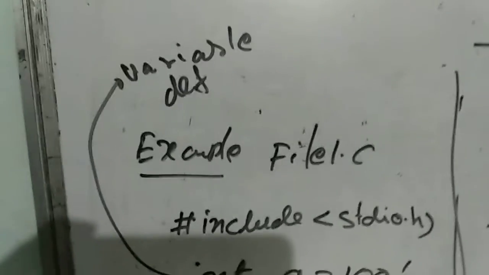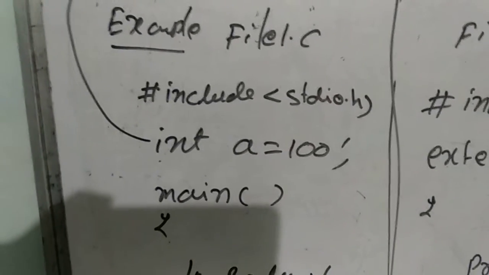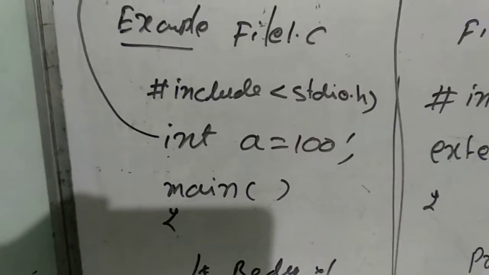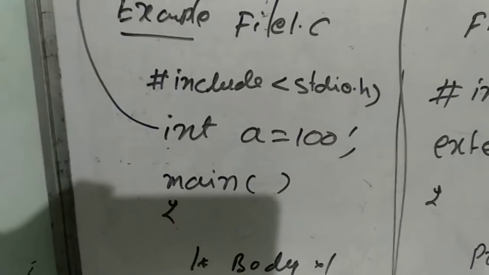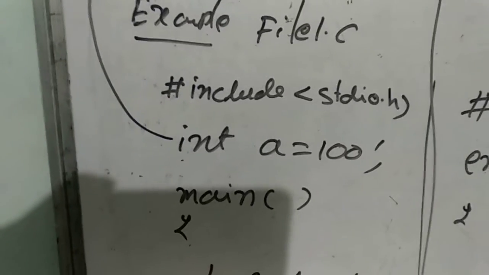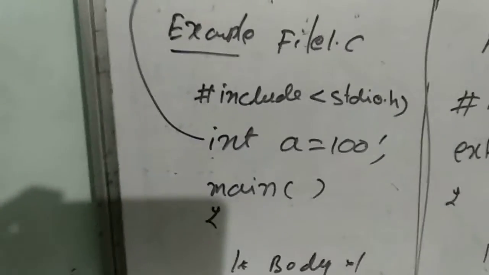For example, I have file1.c and file2.c. In file1.c, I include stdio.h and define int a = 100 outside main. Here int a = 100 is an external variable, and I am not using any extern keyword in file1.c. Now let us see how to access it in file2.c.